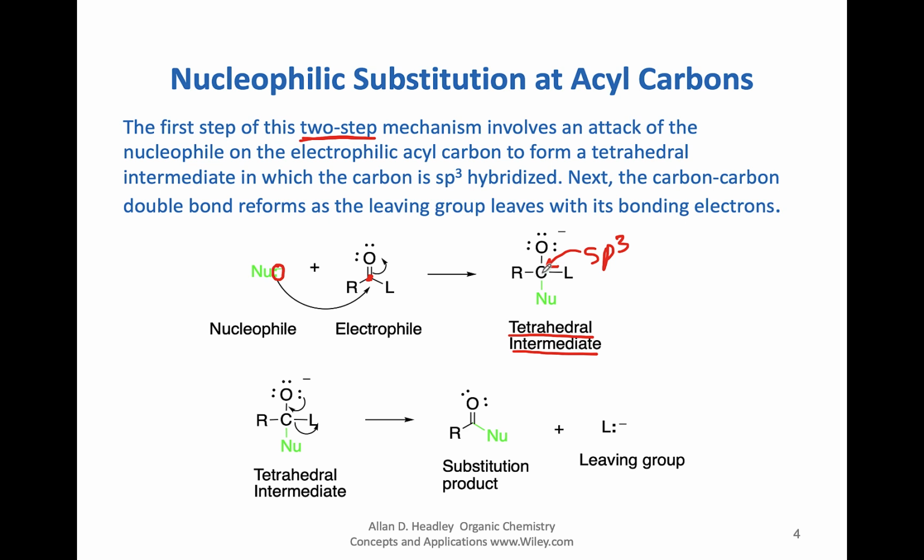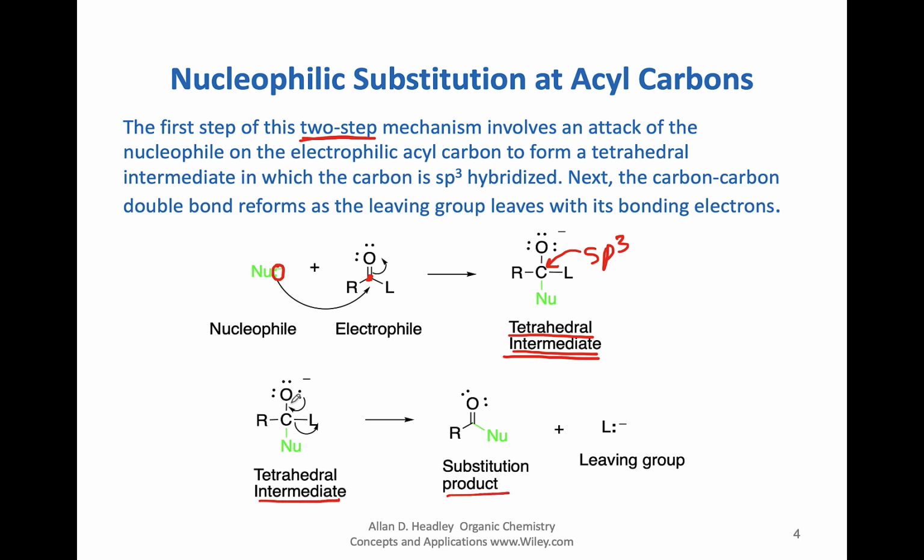And I'm emphasizing that because for an sp3 carbon, the bond angles are 109.5, much more constrained than the bond angles here, which are 120 degrees. This is an intermediate, as we mentioned. So in a second step, the tetrahedral intermediate falls apart to give the product.